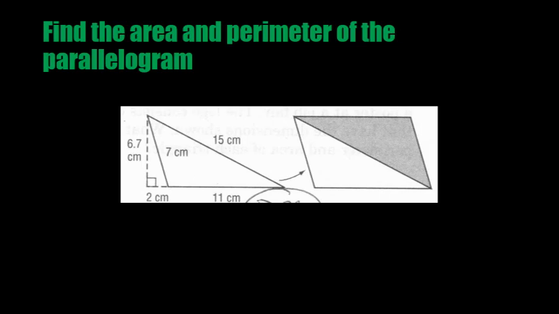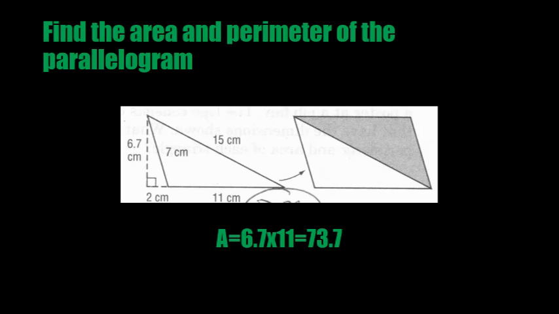It says that this height is 6.7 centimeters, this length is 2 centimeters, this bottom is 11 centimeters, and this length is 7 centimeters. Actually, I think you can get everything from this. This is the height right here, and the base is 11, because this part out here doesn't actually matter.